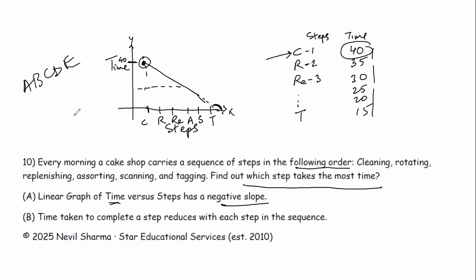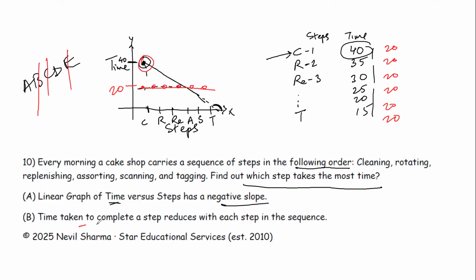This red line would be the line, zero slope. If it had, let's say, 20 minutes for each of them, you would have these 6 dots in a straight line. So it has a negative slope. So clearly we know it takes the most time for cleaning, and it goes reducing. So A answers the question, B, C is out, E is out.